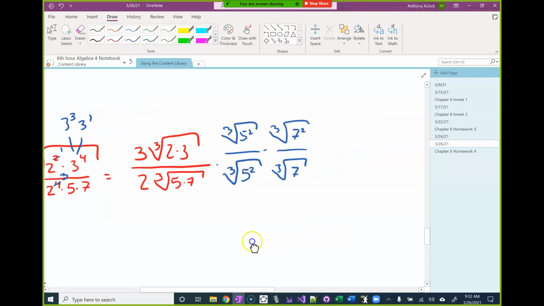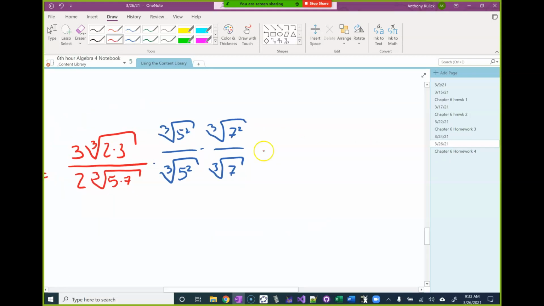Is that okay? Yep. All right, so I have 3 cube root 2 times 3 times 5 squared times 7 squared over 2 times 5 times 7.